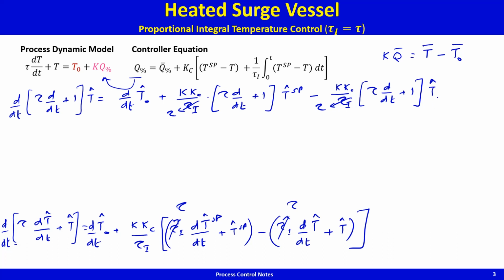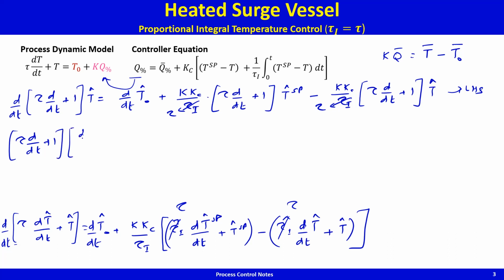Take this term to the left hand side. And if you take it to the left hand side, then what we get is you will have tau d by dt plus 1 common. So take that operator as common. Tau d by dt plus 1 is common.